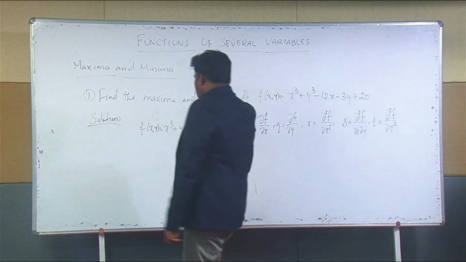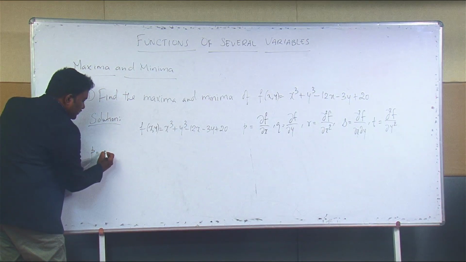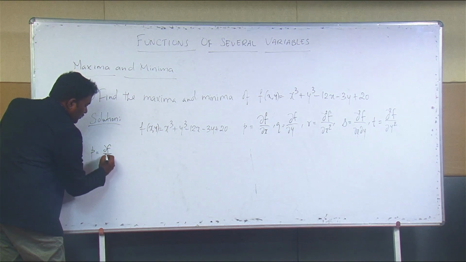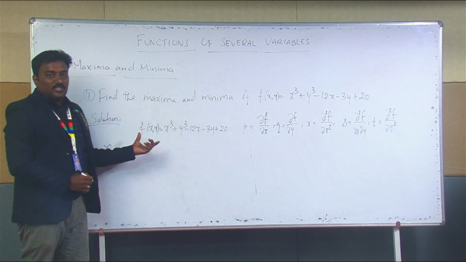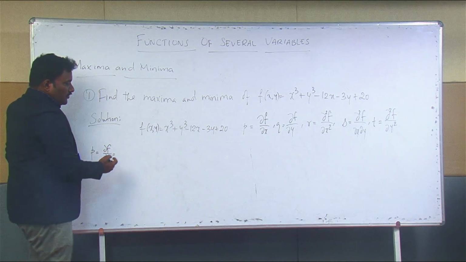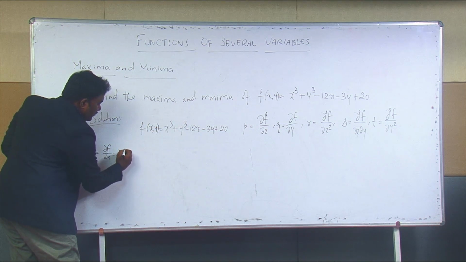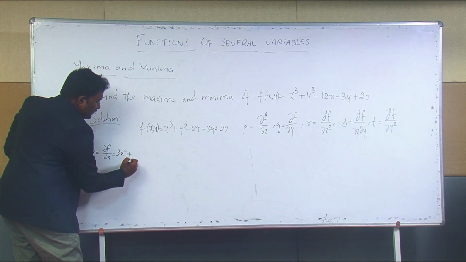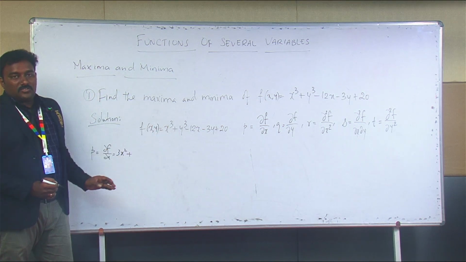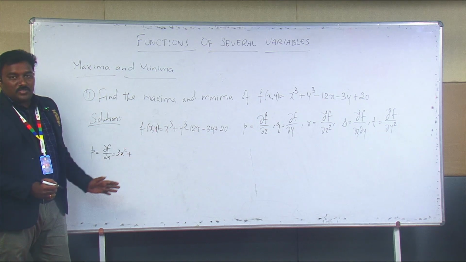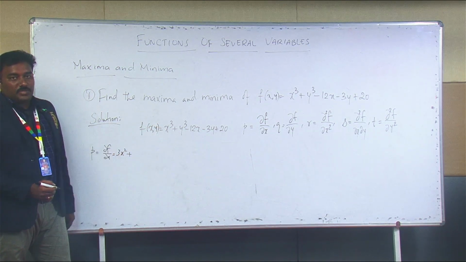What will be the P value? The P value is nothing but dou f by dou x, the partial derivative of this function with respect to x. If you differentiate with respect to x, it becomes 3x square plus, for y power 3, there is no term in x, so it becomes 0, because it is considered a constant when we differentiate partially with respect to x.